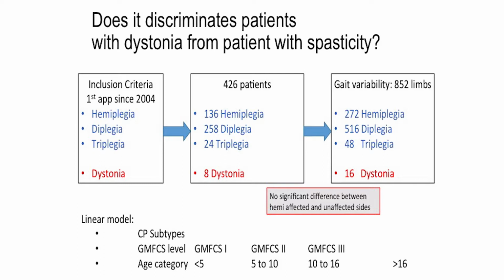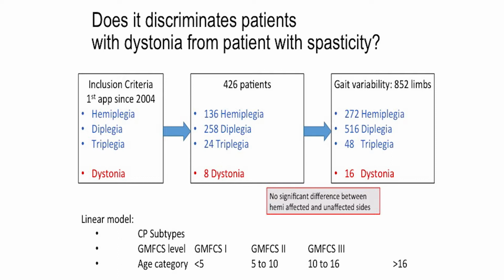You can see that a lot were in blue. So spastic diplegia, we had only 8 dystonia. That's the primary disorder, though. We found out that there was no difference between the affected limb and the unaffected limb in patients with spastic hemiplegia. So we combined the 2 limbs for all patients, and that gave us 852 limbs to analyze.